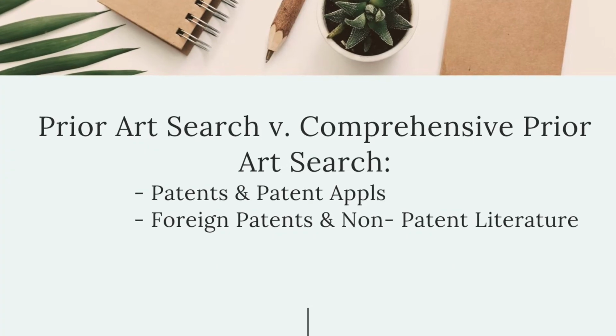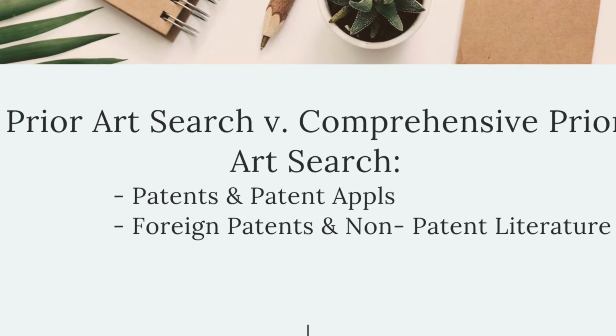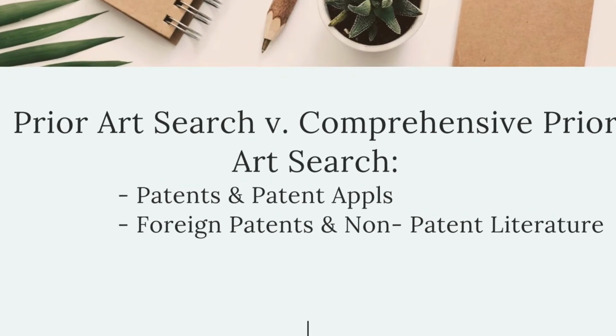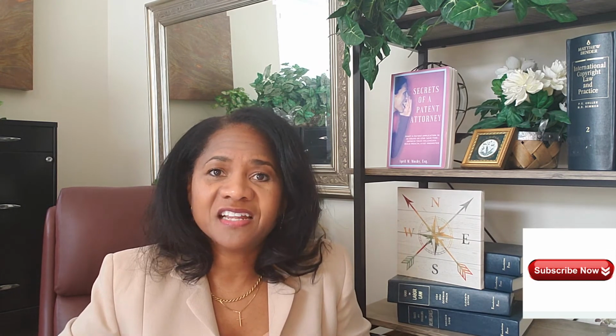For the comprehensive search, however, it will include not only the published patent applications and published patents that are found in the USPTO's federal database, but also the foreign patents that are published, as well as non-patent documentation such as catalogs, books, websites, magazines. And so we're going to go into that a little bit further.